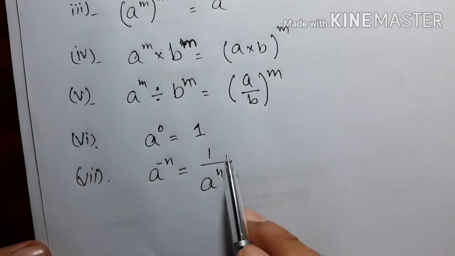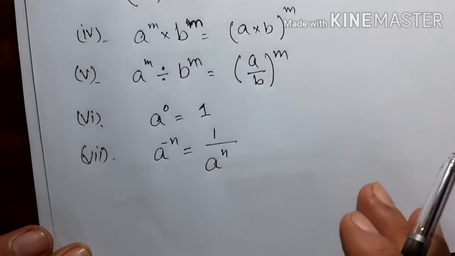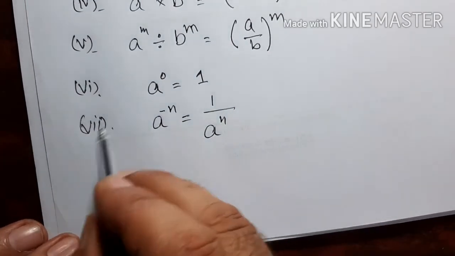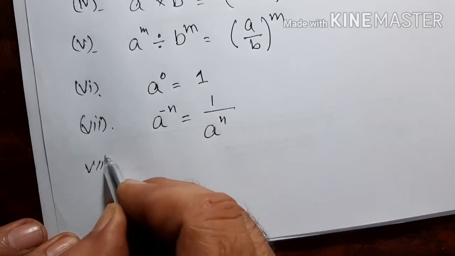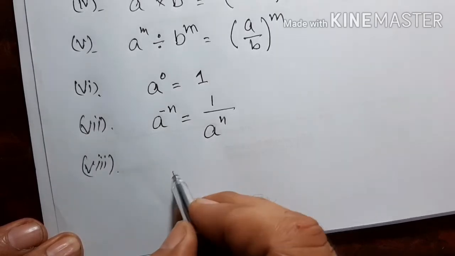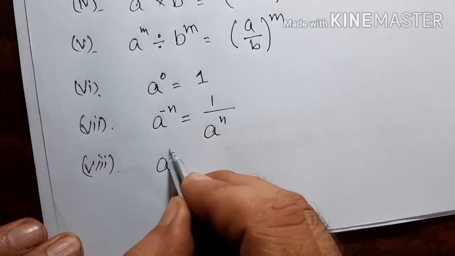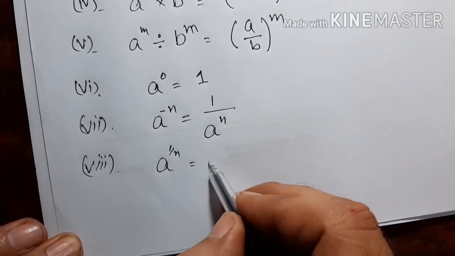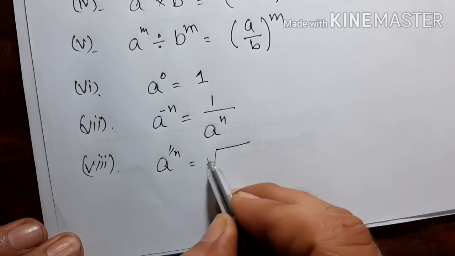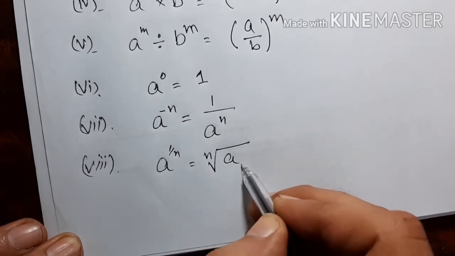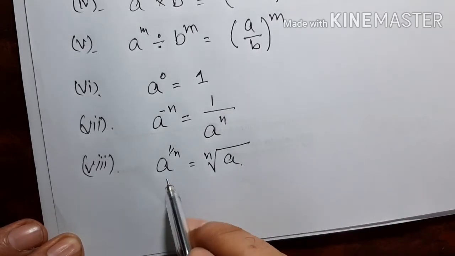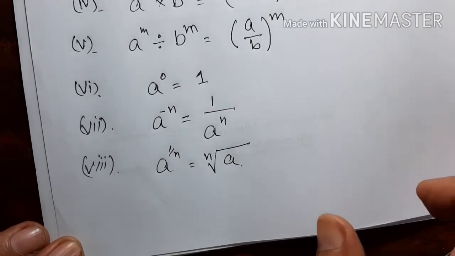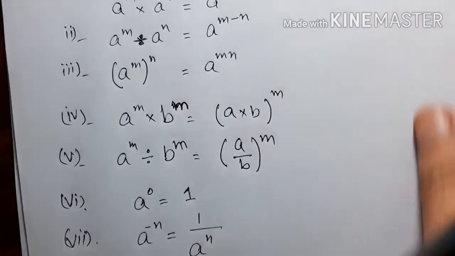Then the sign of this exponent will be changed. Or if exponent is a fraction, then we can write it as nth root of that base. So these are some properties which you already know.